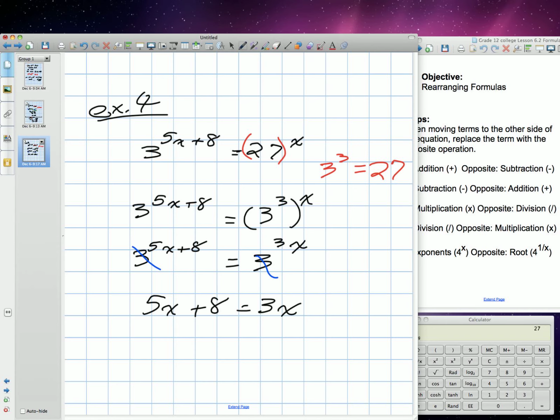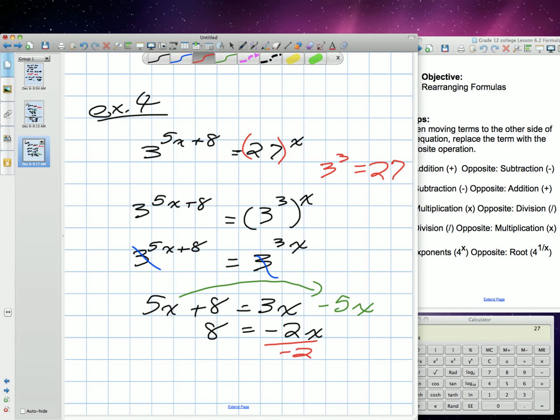I want to get all of my variables with x on one side. So it will become negative 5x on this side. So we'll get 8 is equal to 3x minus 5x, negative 2x. And then to isolate x, we divide by negative 2 on both sides. We get negative 4 is equal to x.